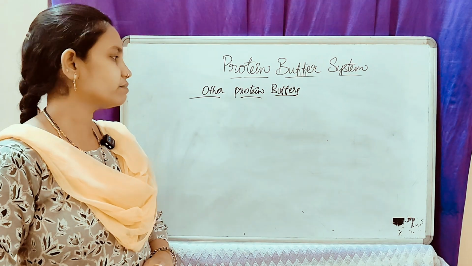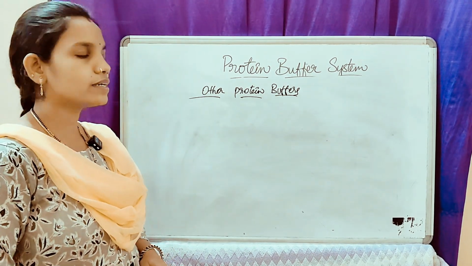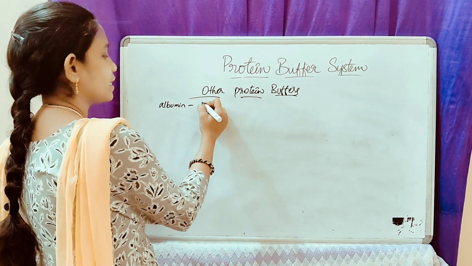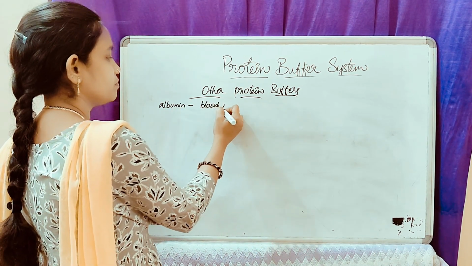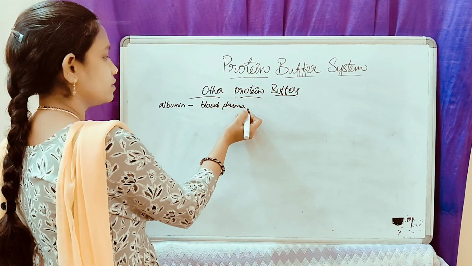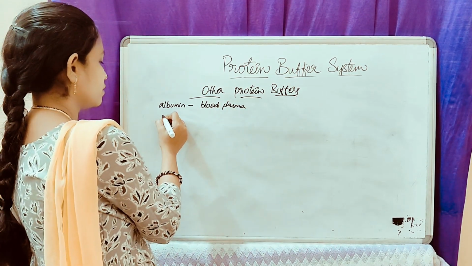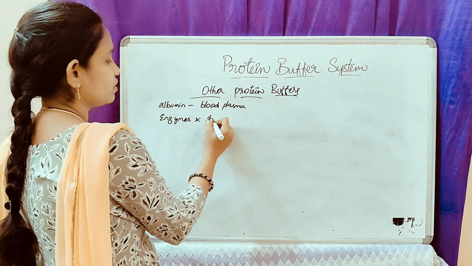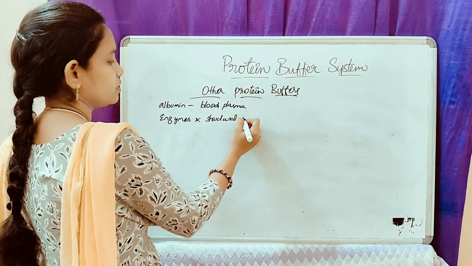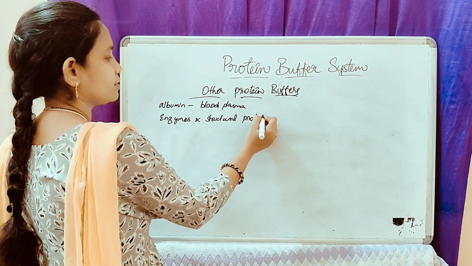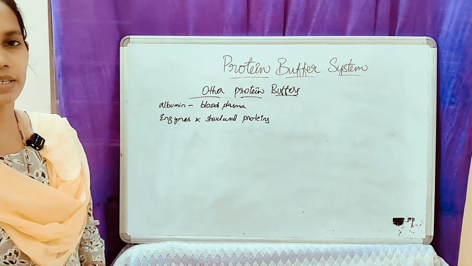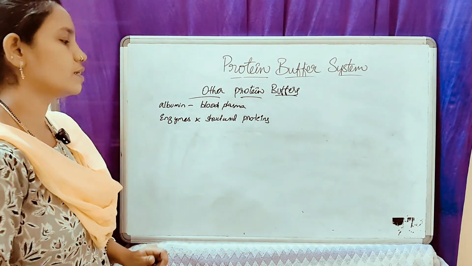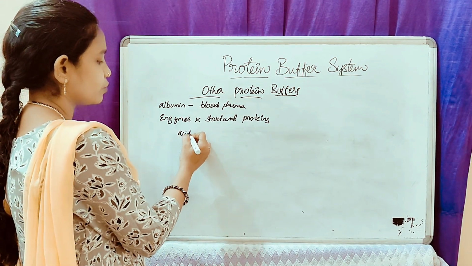Besides hemoglobin, we have other protein buffers also like albumin, which regulates pH in the blood plasma, and some other buffers like enzymes and structural proteins also act as buffers which regulate pH. So all of this contributes to the acid base control.